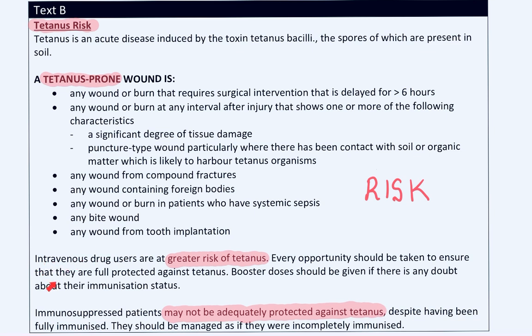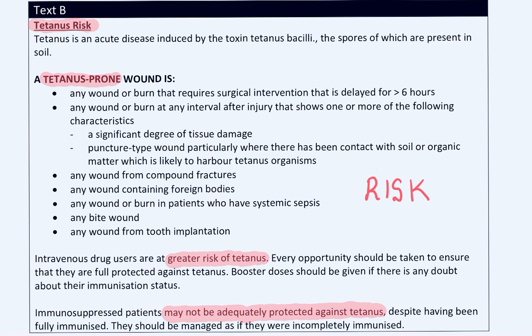Therefore, we can start reading from here. Intravenous drug users are at greater risk of tetanus. These are the recreational drug users they are referring to. Every opportunity should be taken to ensure that they are fully protected against tetanus. Booster doses should be given if there is any doubt about their immunization status. Now, the next slide.